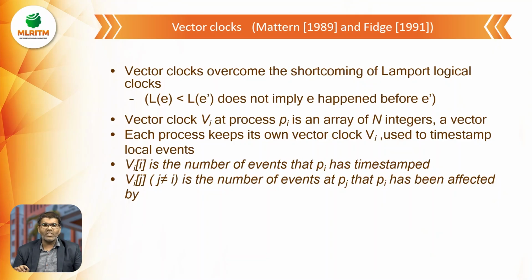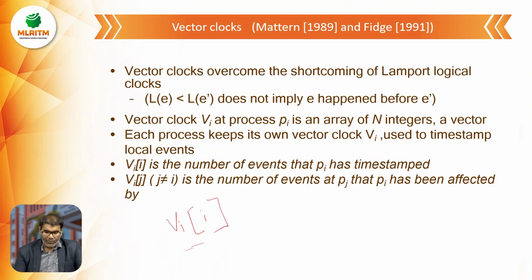Here we use the timestamp for a local event, represented by Vi[i], which is the number of events that Pi has timestamped.